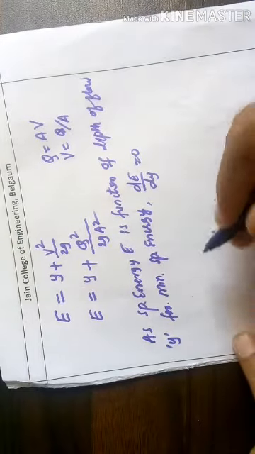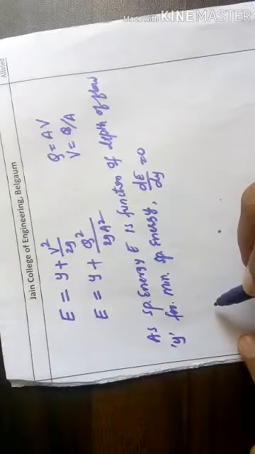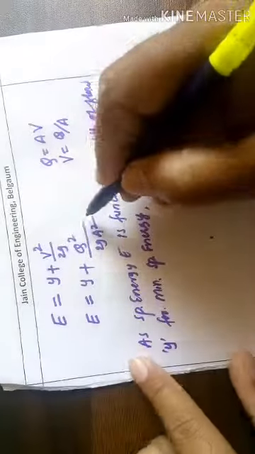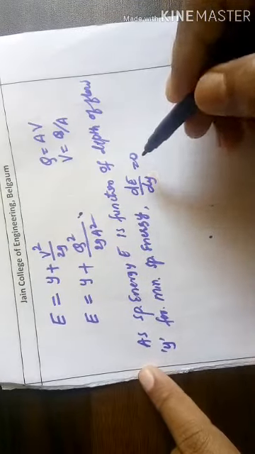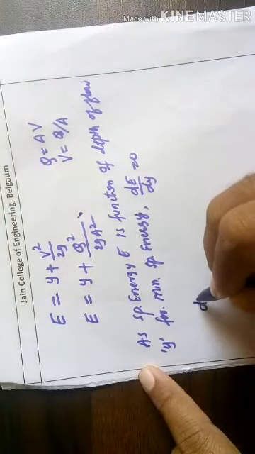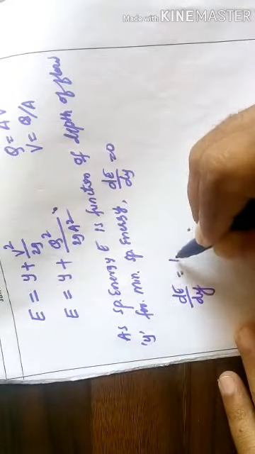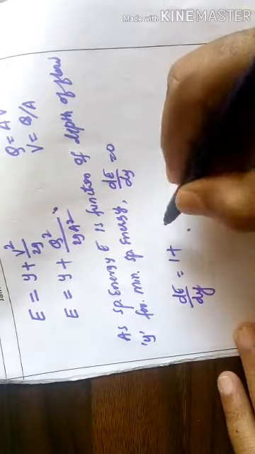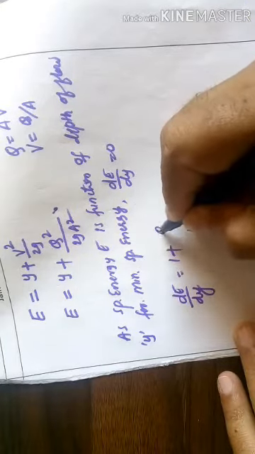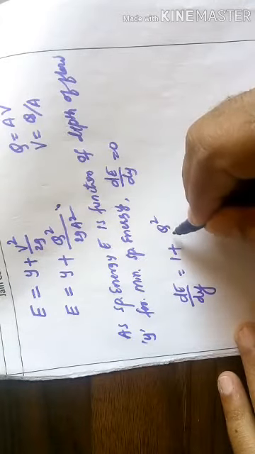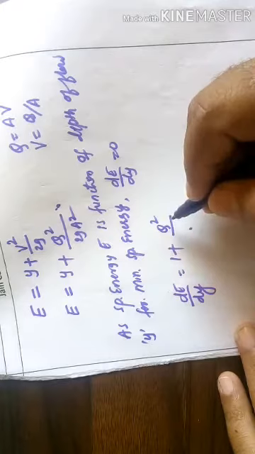But what we get here, just differentiate this equation, then dE by dy, that is when you differentiate this equation with respect to y equal to 0, what we get here, dE by dy is equal to 1 plus q square divided by 2g.